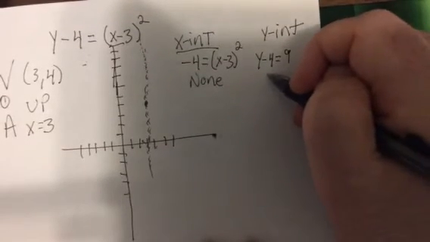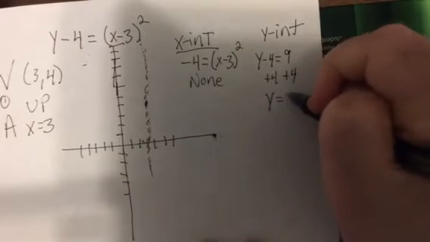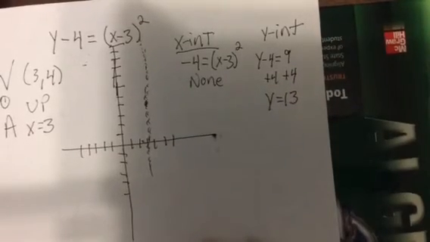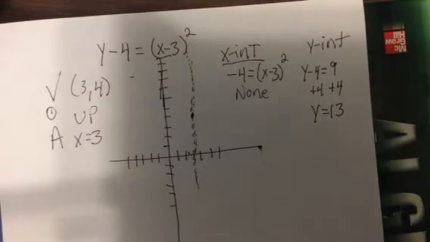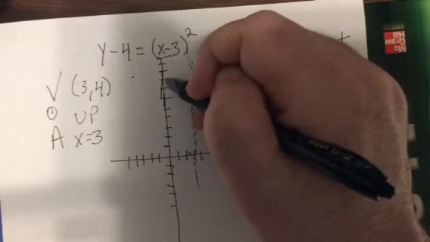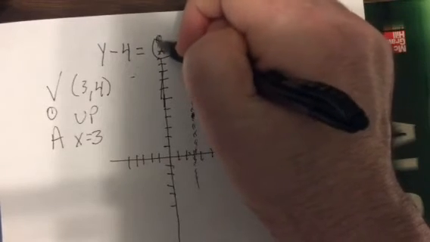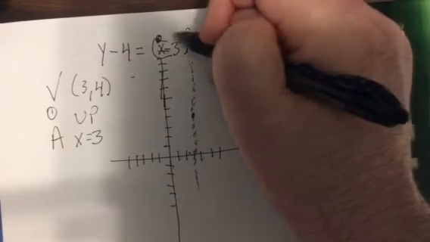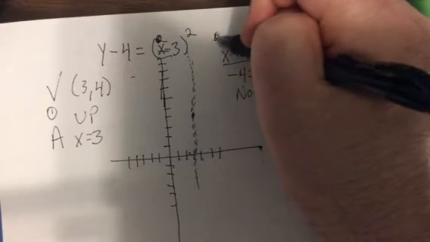Add 4 to both sides. y equals 13. Okay, so 1, 2, 3, 4, 5, 6, 7, 8, 9, 10, 11, 12, 13. And if there's a point 3 units this way, there has to be a point 3 units this way.